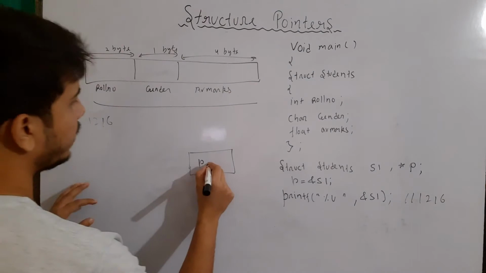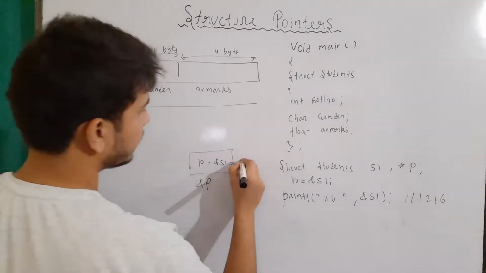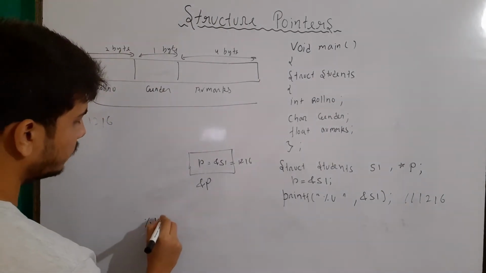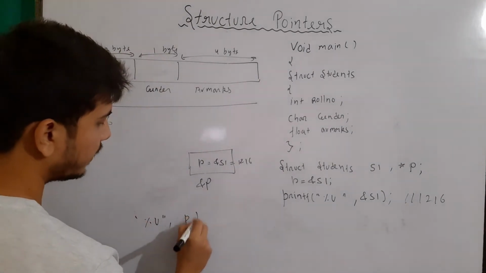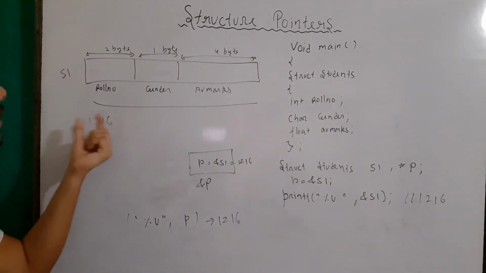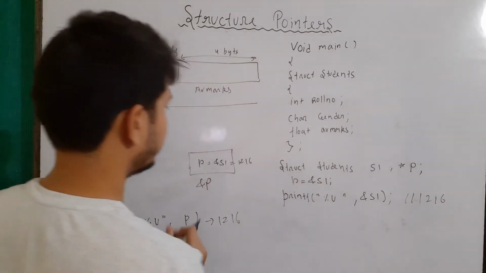It means p is equal to 1216 right now. If I do printf of %u and write p, it will give us output as 1216, pointing to the base address of our S1 structure variable.